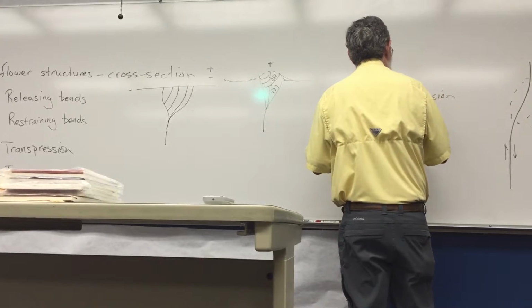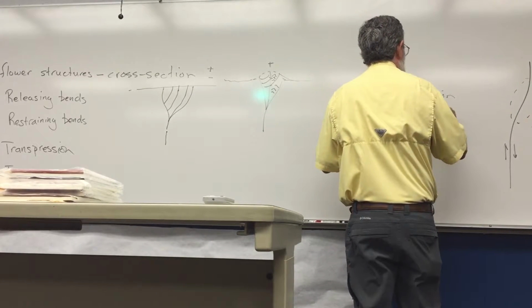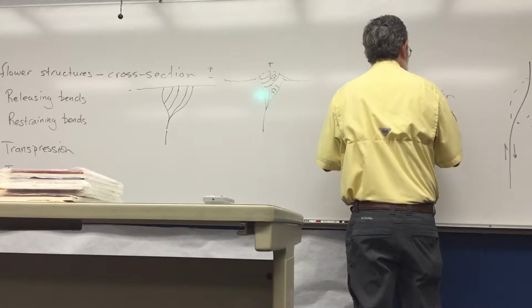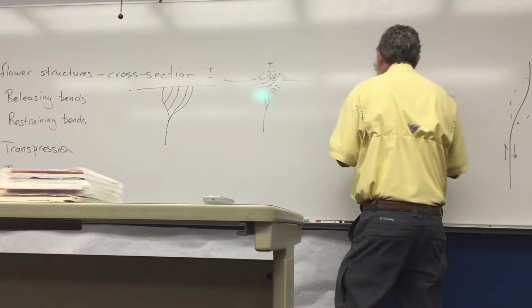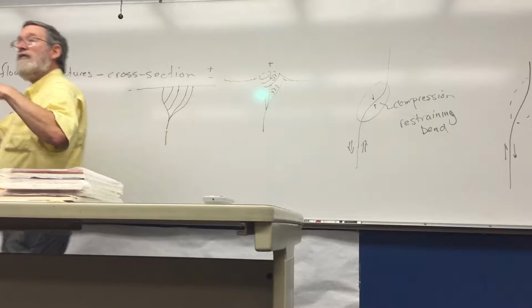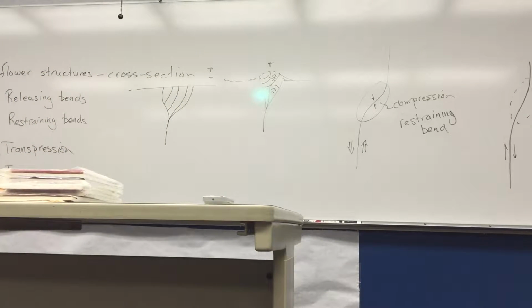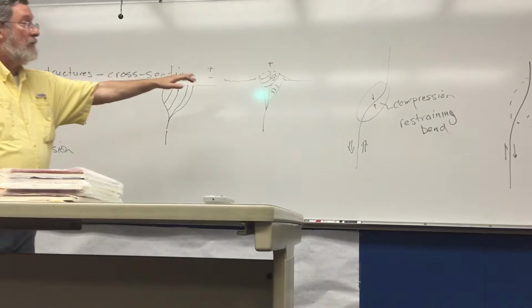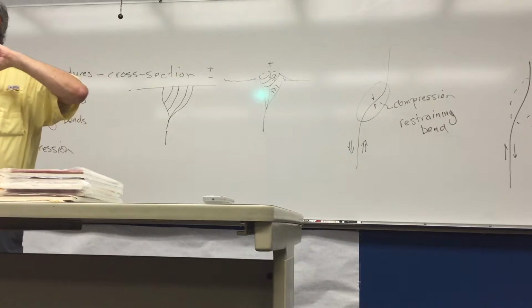So this is called a restraining bend, where we can see probably a positive flower. We might even see local thrust faults in that system. Some of those thrust faults may or may not actually cut all the way to the surface.